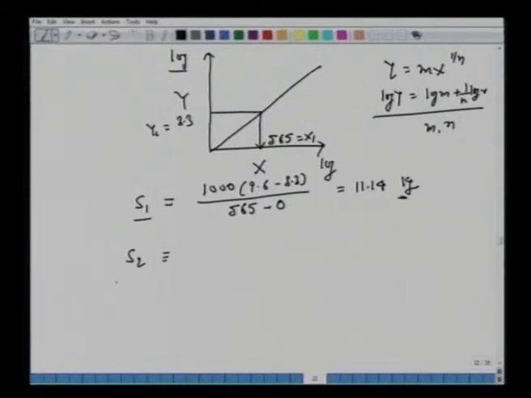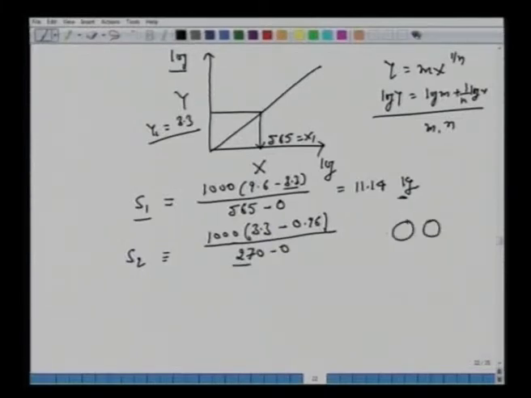S2 is found by the same method. We make a balance around the second stage: 1000 remains the same, and now we reduce from 3.3 to 0.96. That's why we said this y1 is an intermediate variable. Divide by 270 minus 0. So what is this 270?